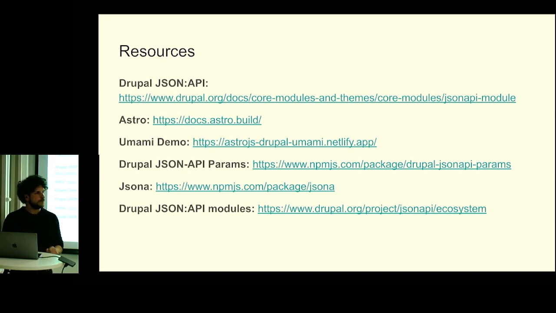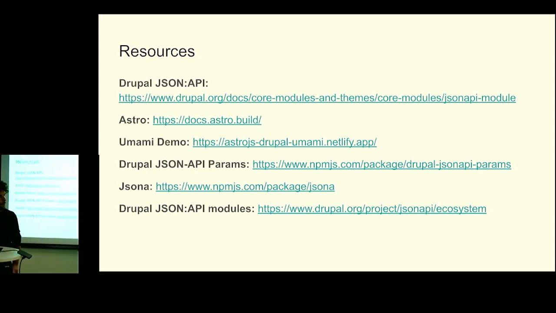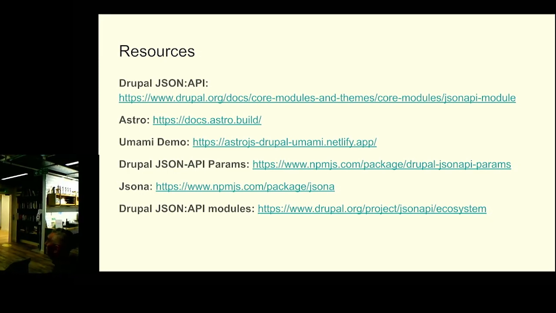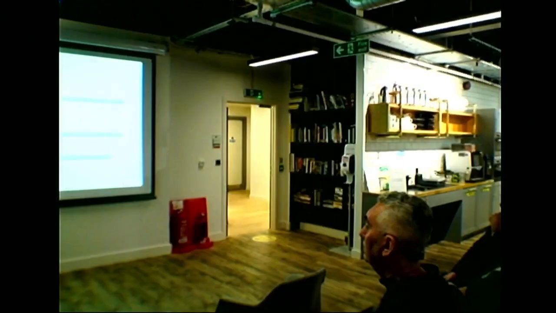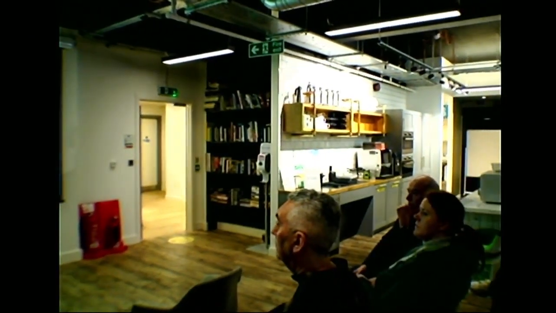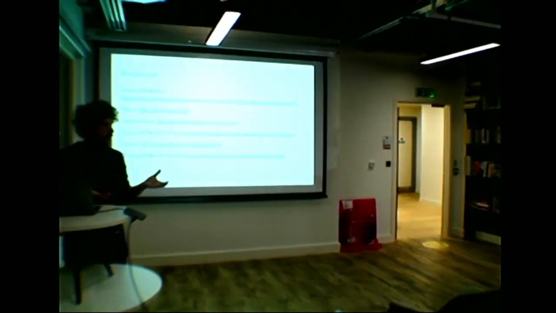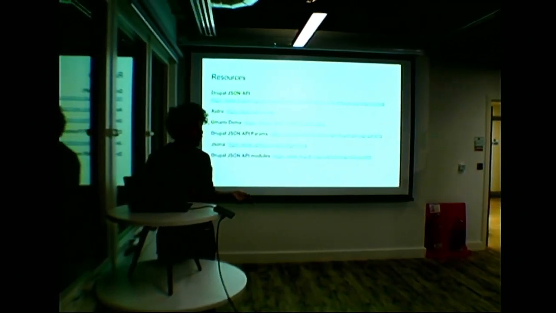Yes. And then you show us Umami with your variation. Yes. What's the difference? The difference is a different framework, a different UI that we use. In one case, we're using the Drupal default theme, and in the other case, we're using another framework. It can be Next.js, or in this case, Astro. The difference depends on your team, what you want to build and what you want to achieve.